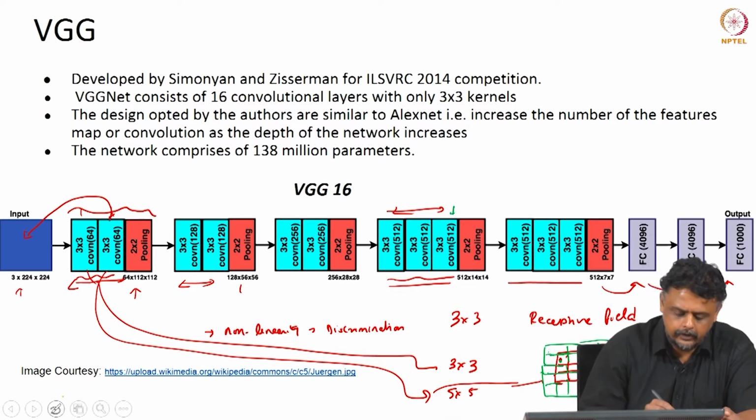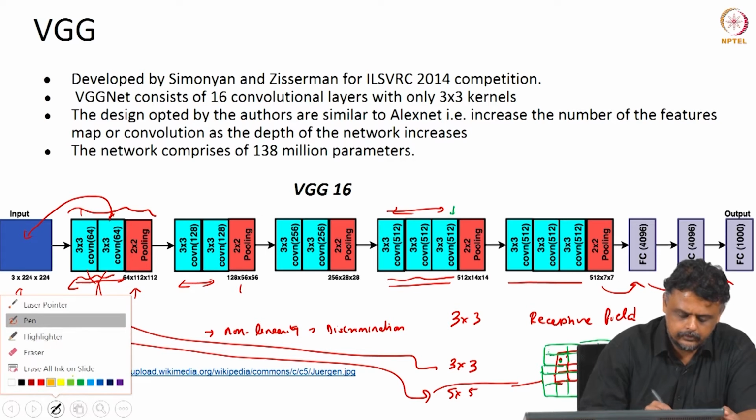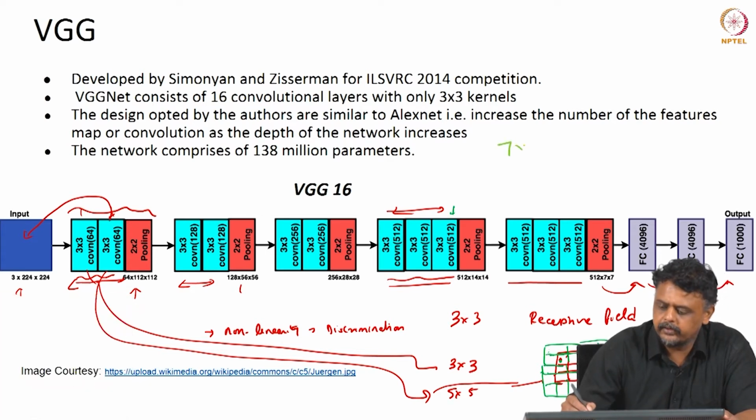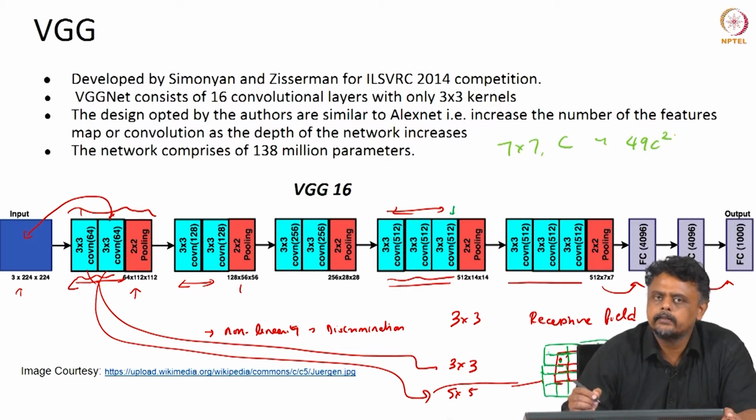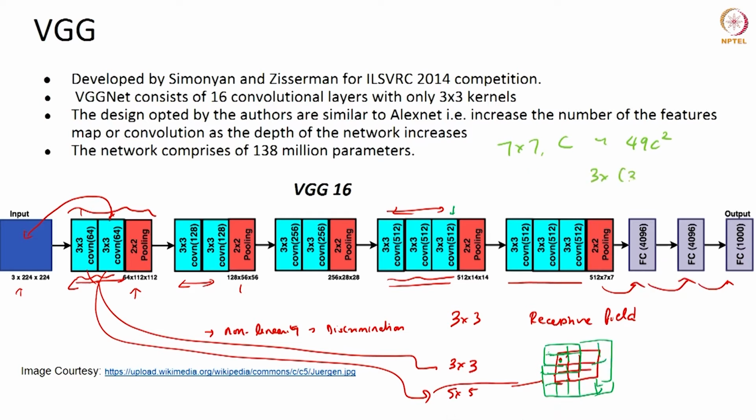So, for instance, if you had used 7 cross 7 filters on C channels, then the number of parameters would be 49 C squared. On the other hand, if you would use a succession of 3 convolution layers to get the same receptive field with 3 by 3 filter sizes, then the number of parameters would be about 27 C squared, okay. So, this gives rise to this decrease in the number of parameters.